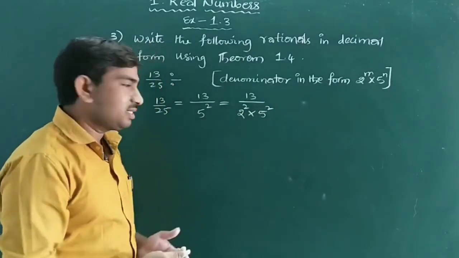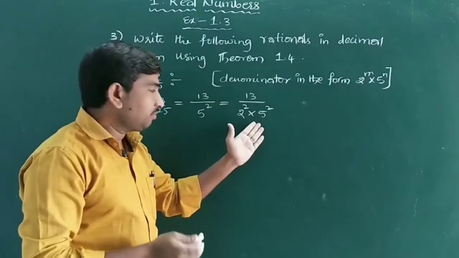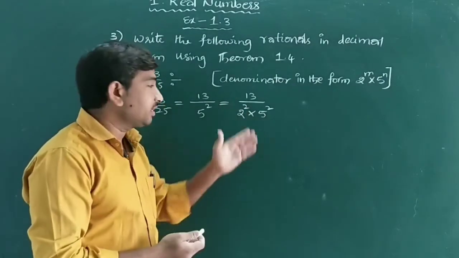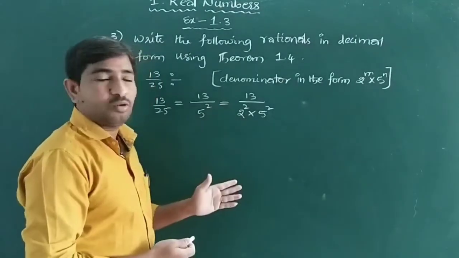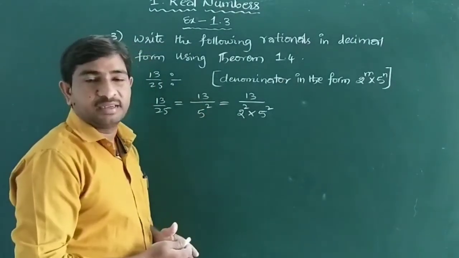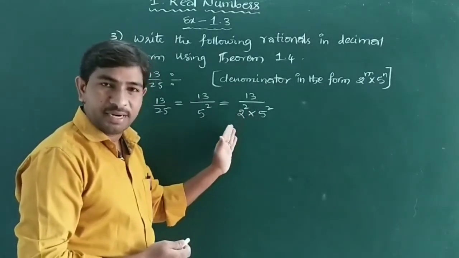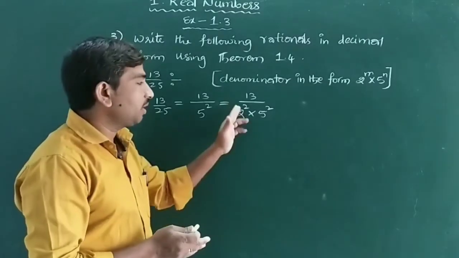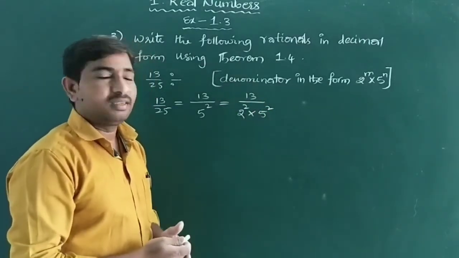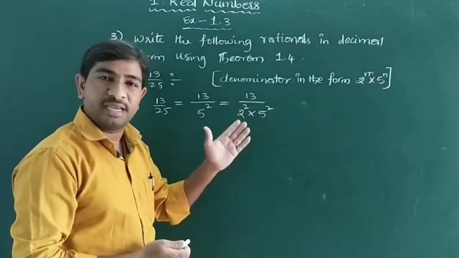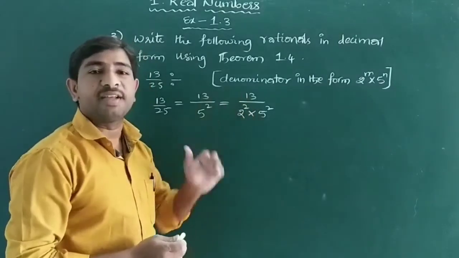Why? Because we only have 13 by 5 square, but I am taking 2 power 2 extra in the denominator place. So it will change the value of the previous 13 by 5 square. So when we are multiplying 2 square in the denominator place, at the same time we have to multiply 2 square in the numerator place also, because by multiplying or dividing the given number with the same number, there is no change in the given number.